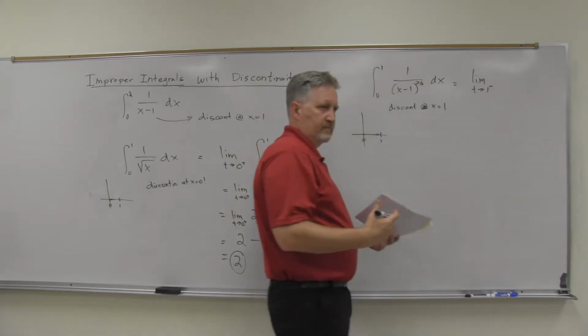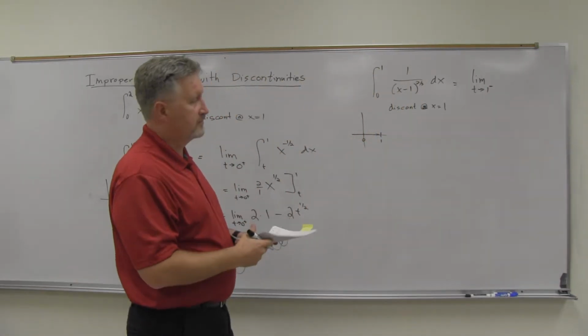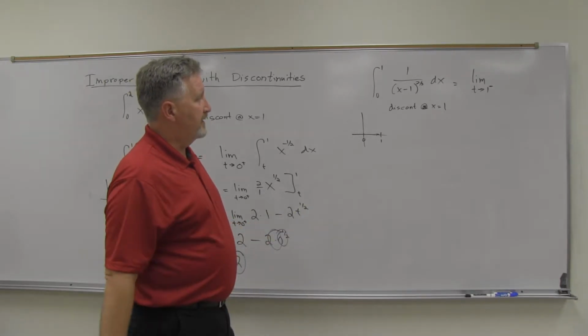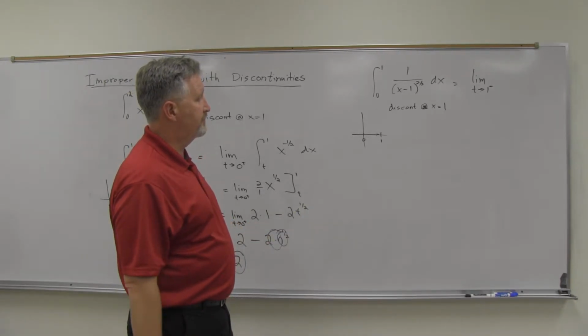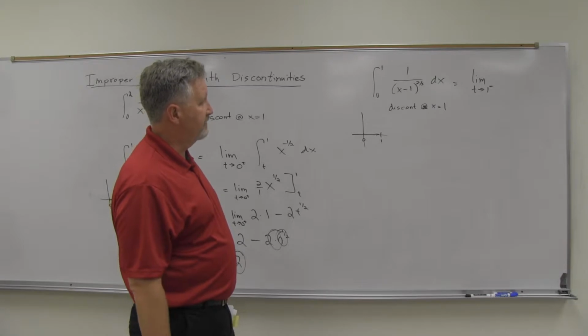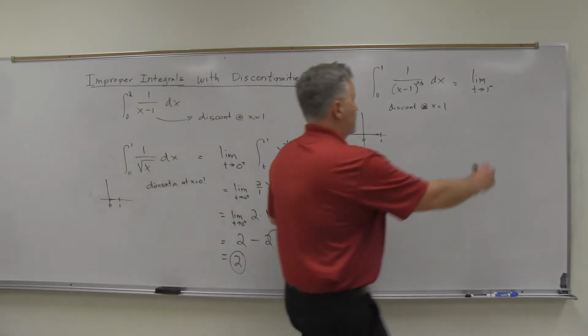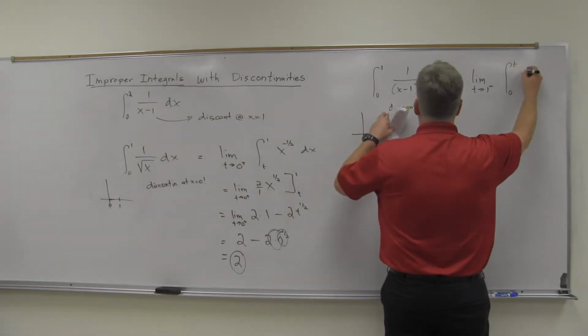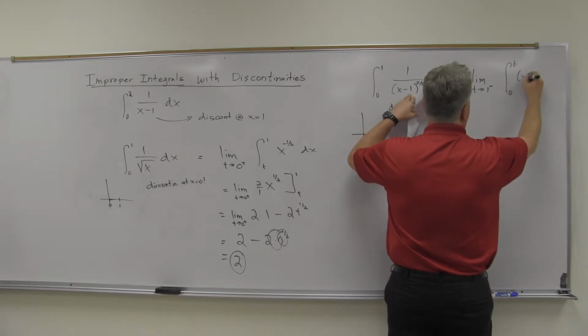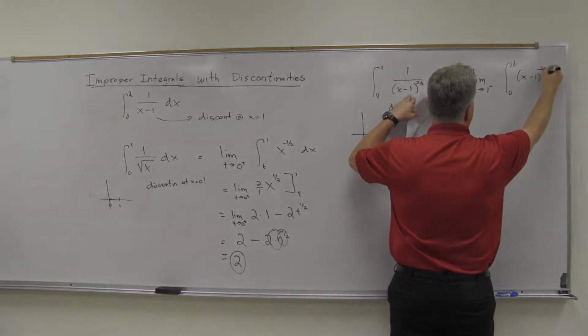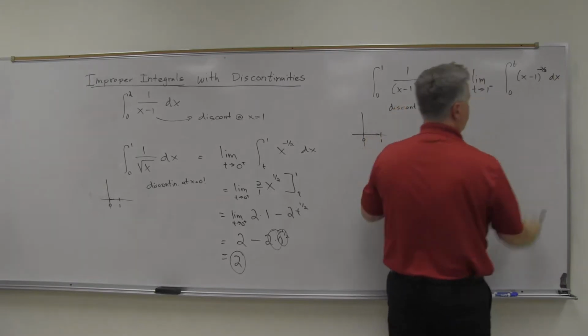A lot of times it doesn't make a difference, but look at it up front just in case. So that'd be 0 to t, and let's change that to x minus 1 to the negative 2/3 dx.